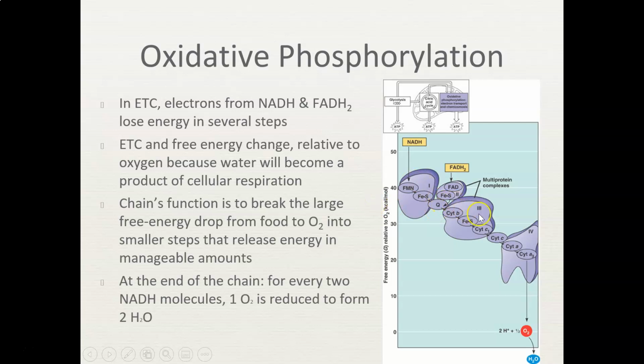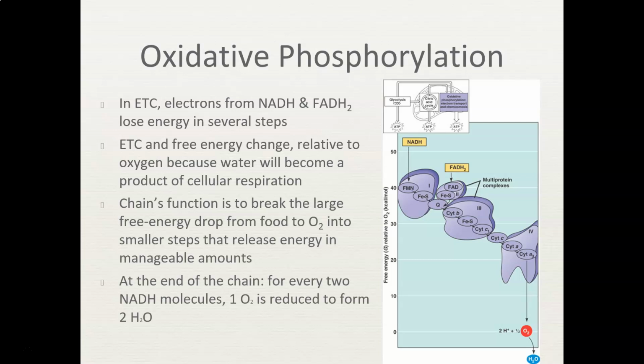Ultimately, the electrons are going to go down this chain. They're going to end up being tied back to those hydrogens, as well as getting tied back to oxygen. So oxygen is going to work as our final electron acceptor here to ultimately create water, which then comes off as a byproduct.